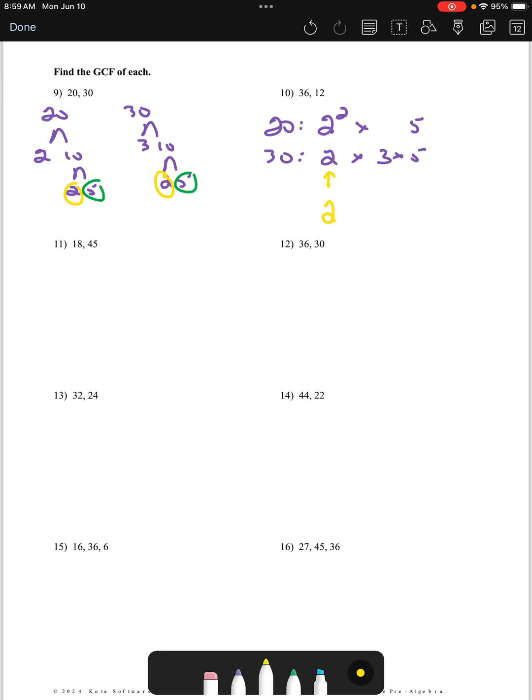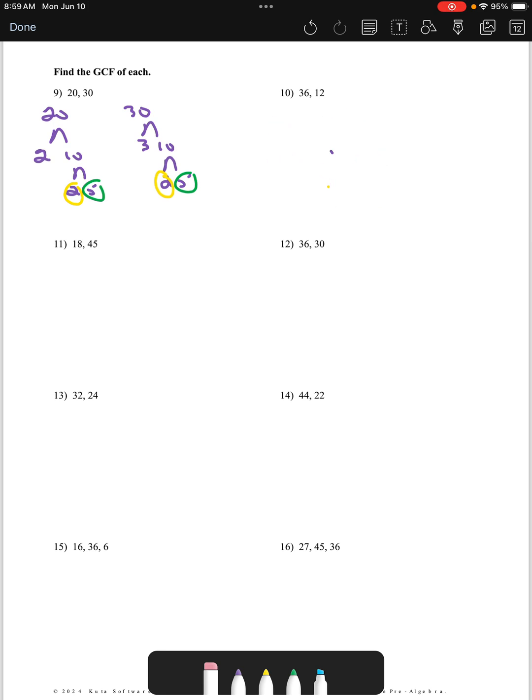As far as the 2's go, they both have 1 2 at least. Yes, 20 has an extra 2, but since it's not shared with 30, we can only take 1 2. They do not both have 3's, so we can't take the 3. They do both have 5's, so we can take the 5. And there's my 2 times 5 is 10.